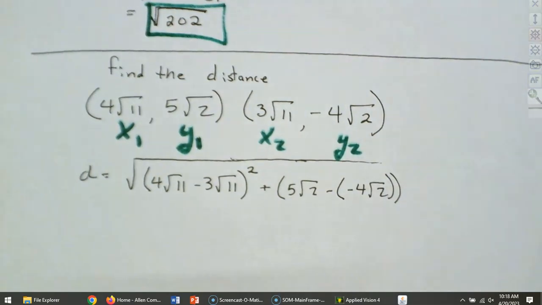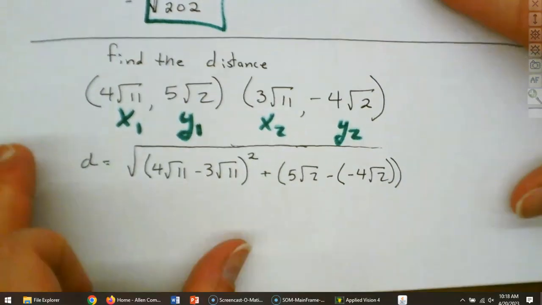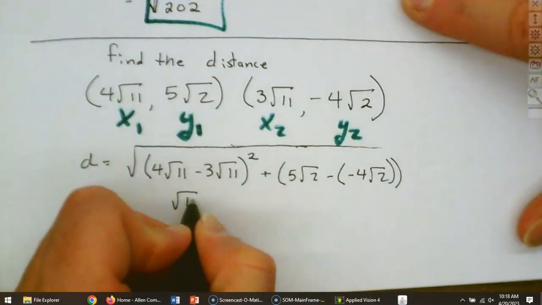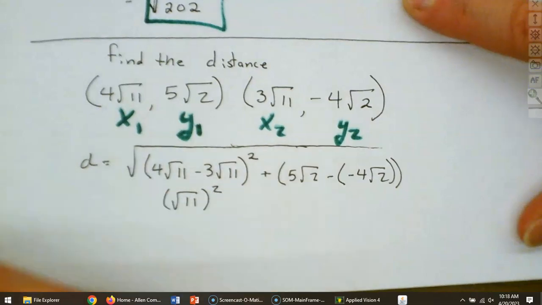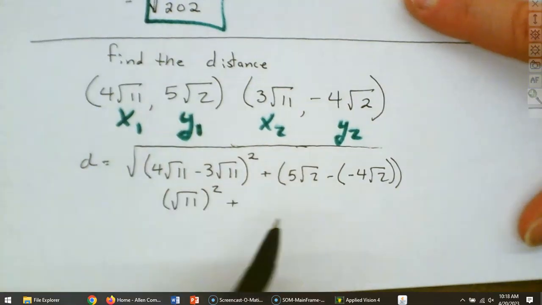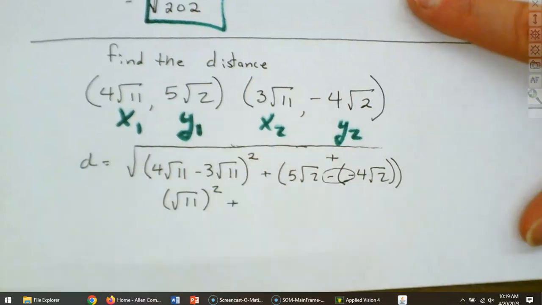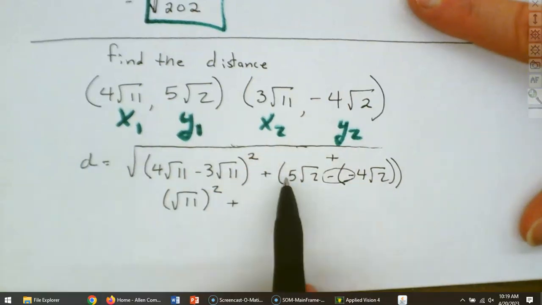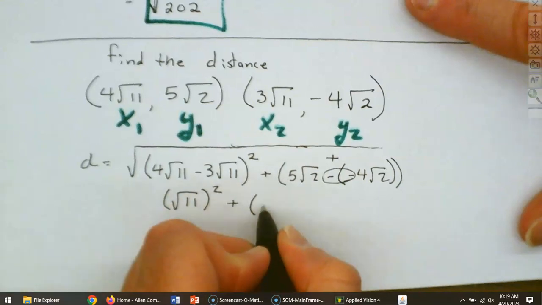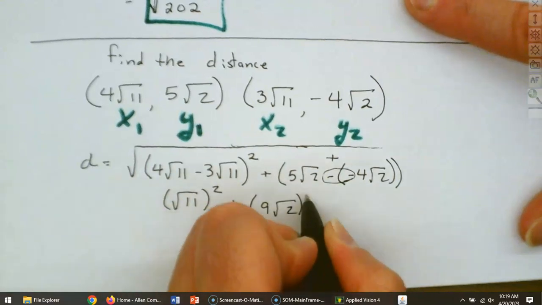If I had 4x minus 3x, well, that would give you a single x, right? Okay, so let's go ahead and put these together. 4 minus 3, that leaves you with just a single square root of 11. And we're still going to have to square that. What about over here? Over here we have a double negative. Double negative makes that positive. And 5 and 4 makes it 9. We still have the square root of 2.